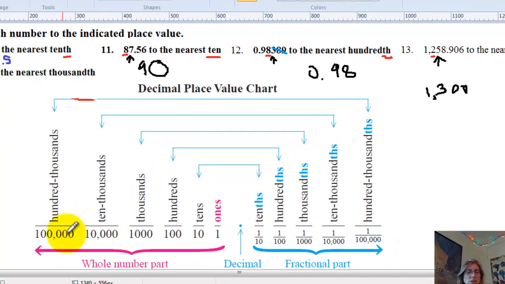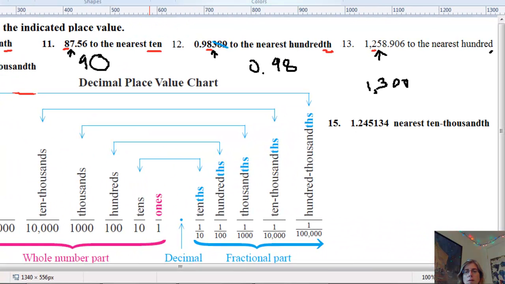Okay, number 15. Number 15 asks us to round to the nearest ten-thousandths place: tenths, hundredths, thousandths, ten-thousandths. That's 1, 2, 3, 4 over to the right. That's where we're rounding to. So we look to the right of that number, which is 3.